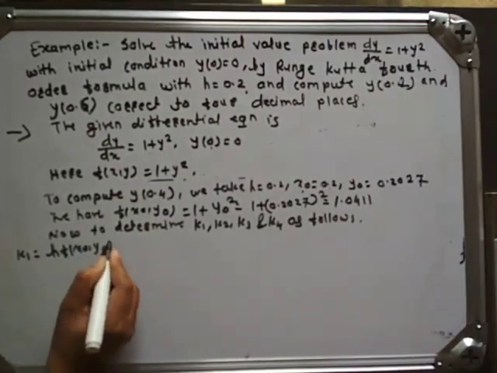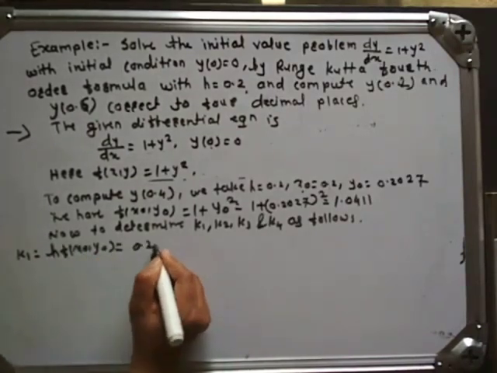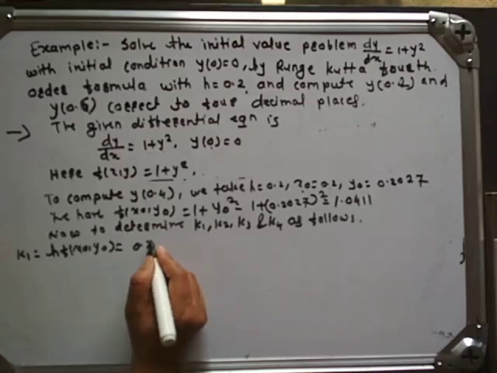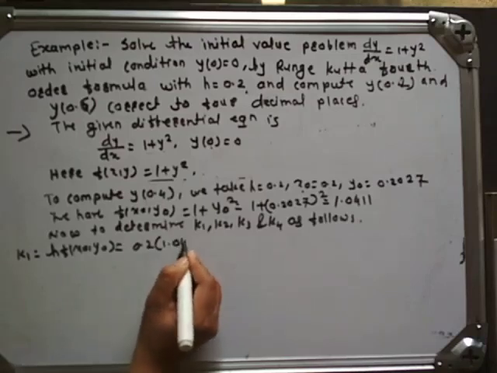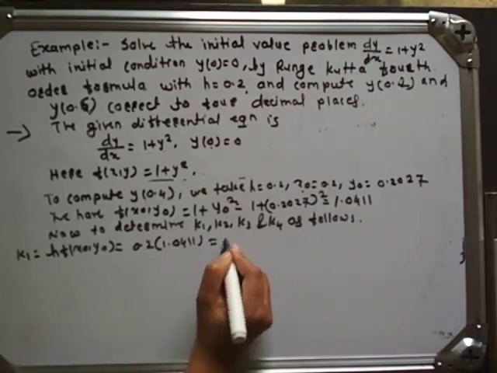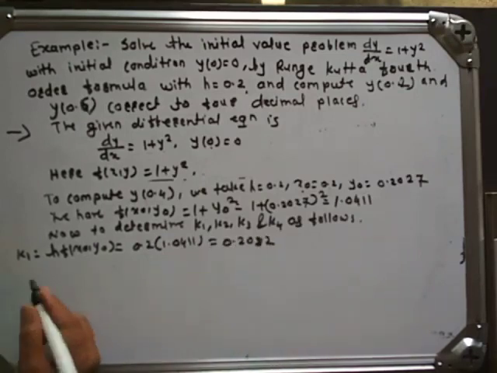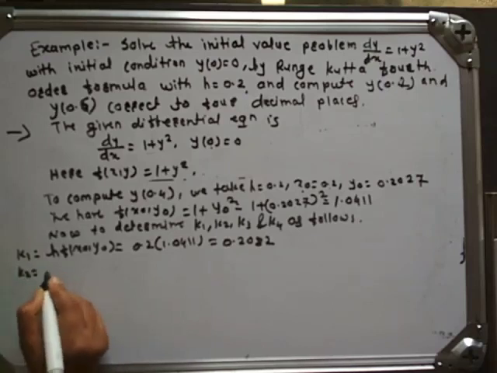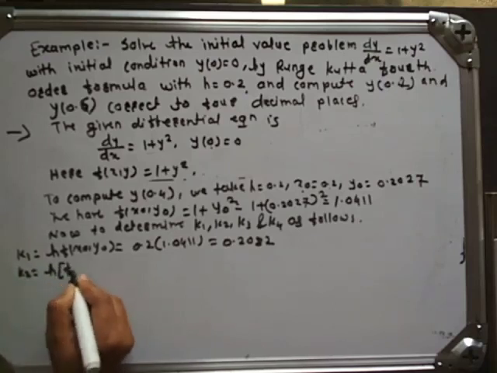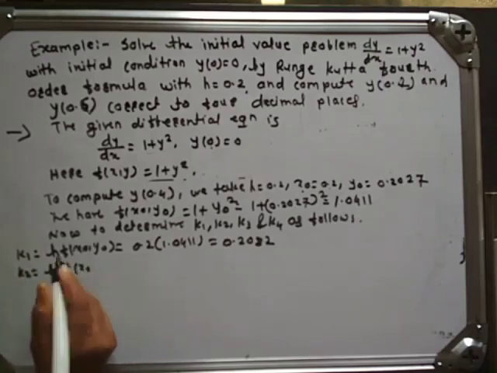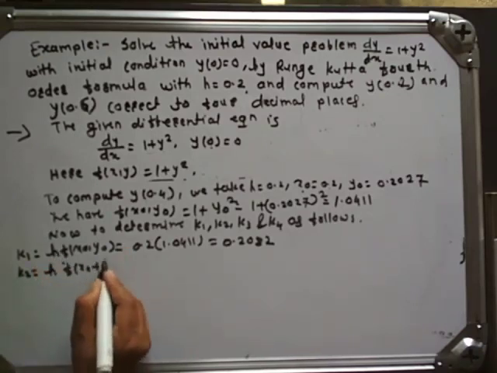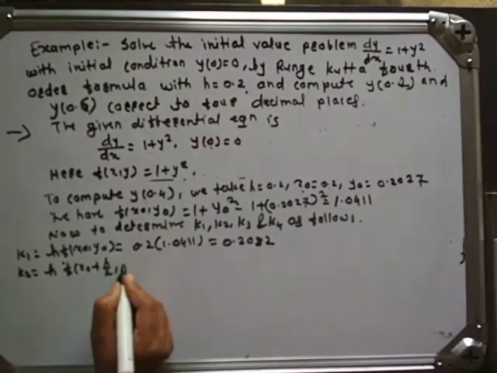So it is 0.2 into 1.0411. This is equal to 0.2082. Next, K2 is equal to h into f of x0 plus h by 2 comma y0 plus k1 upon 2.